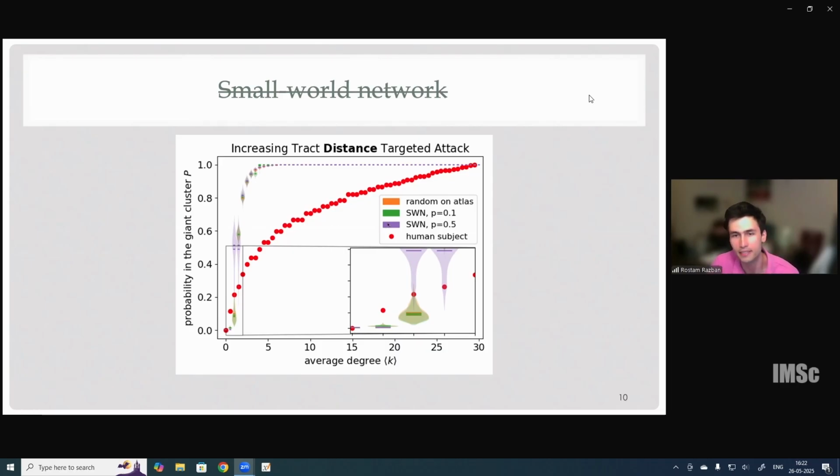In both cases, at the start it's at 0, but later on it jumps really high. But qualitatively we still have this huge difference: the small network has a critical point, but our data, the human subjects data, don't really have a critical point. They don't have a non-zero average degree where P starts to increase. It's just increasing from the very beginning.